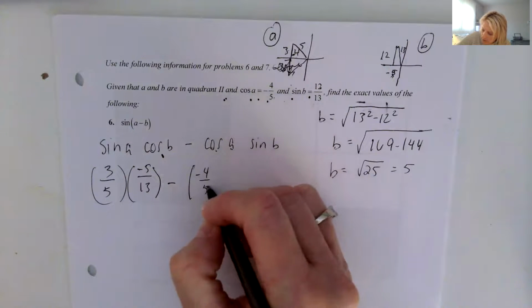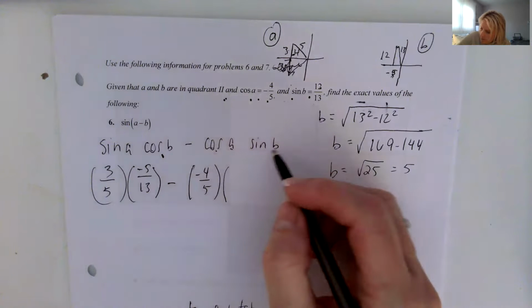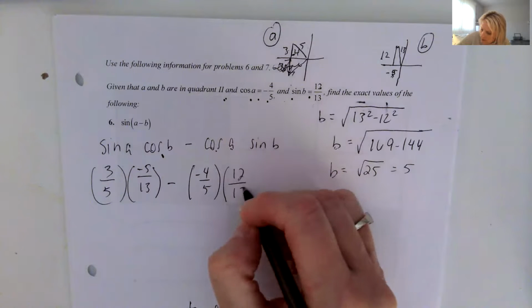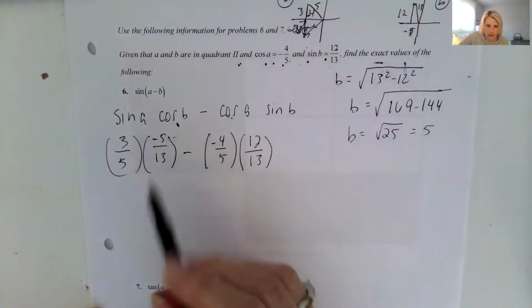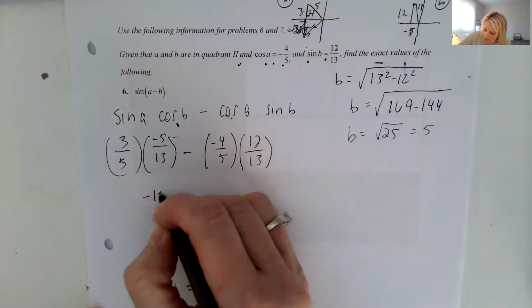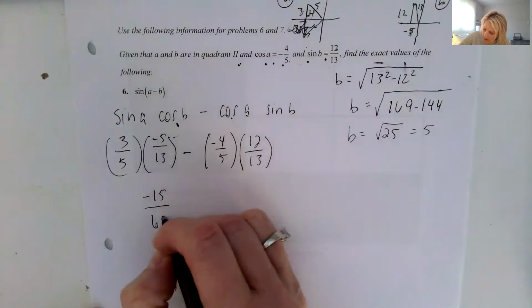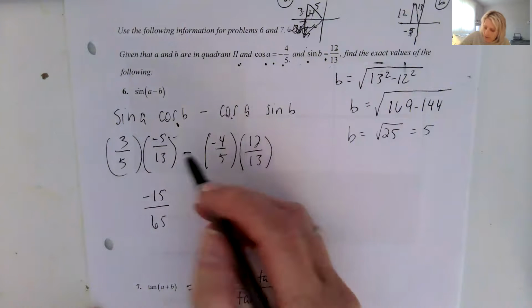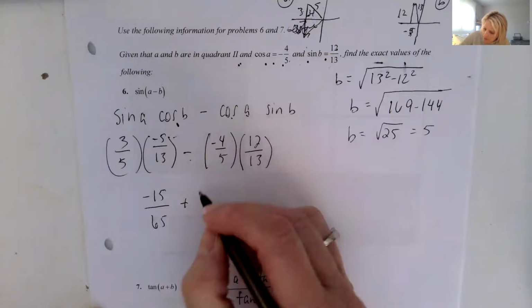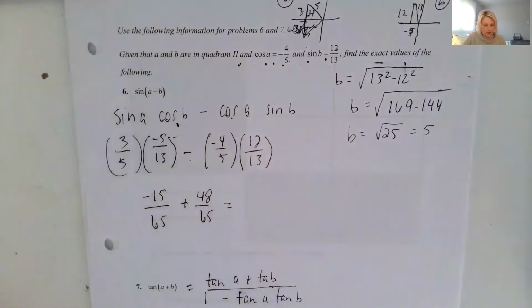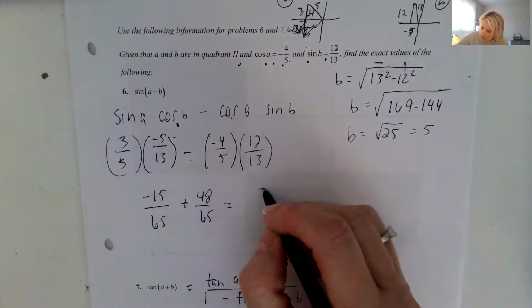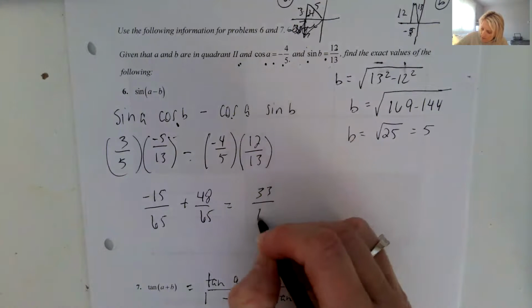So make sure they're in parentheses here. And sine B is 12/13. So we have a negative 15/65, and that's a negative and a negative, so that's a positive 48/65. So that should add to be 33/65.